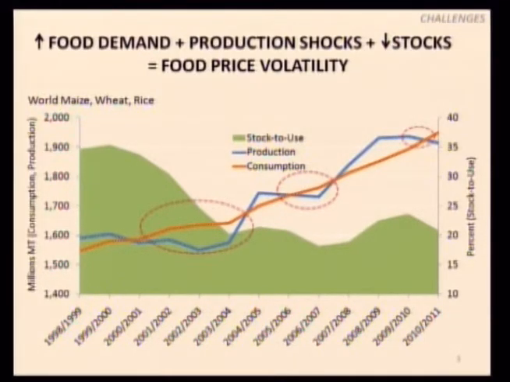In some way, that's just an identity, given that some of the stock data is just the residual of consumption and production. But what's interesting is the coincidence of where, through production volatility, there are large drops below consumption, both in 2007 and then again in 2010-11, where stocks were low.